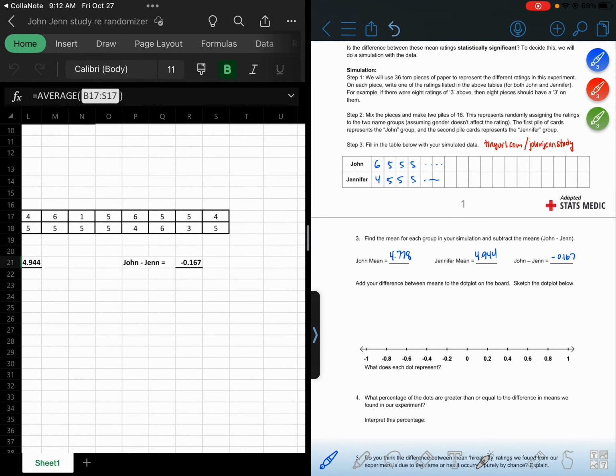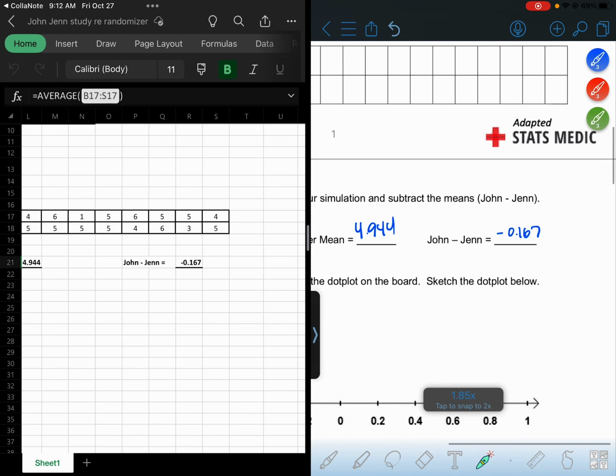And then your guest teacher is going to give everybody one sticker dot. On that sticker dot, you are going to write the difference you got after reshuffling the scores. And then there should be a poster that your guest teacher is going to put up on the sideboard.